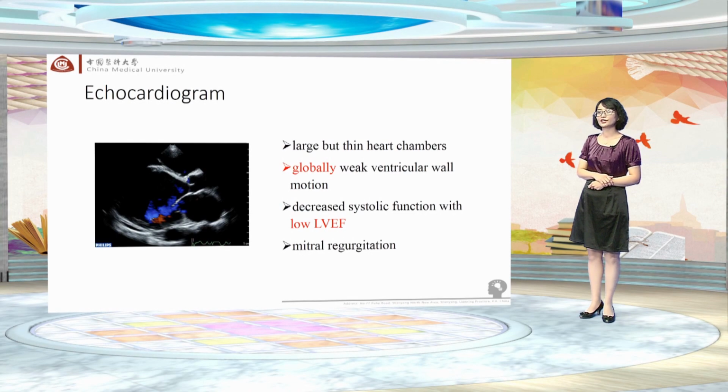This is a point to differentiate with the ischemic cardiomyopathy. If we measure the left ventricle ejection fraction, it is usually reduced, lower than the normal value. Sometimes we can see the mitral regurgitation because of the dilatation of the mitral annulus.